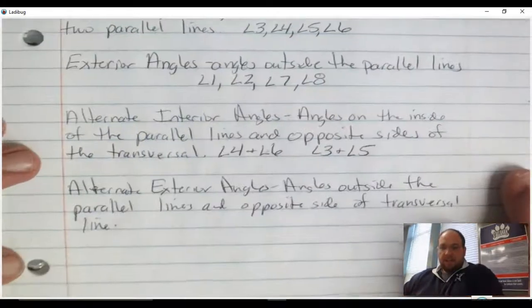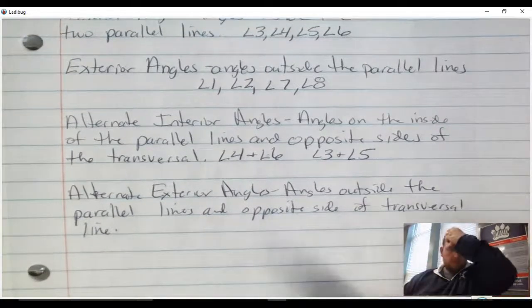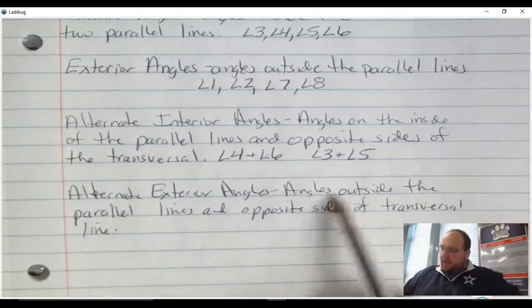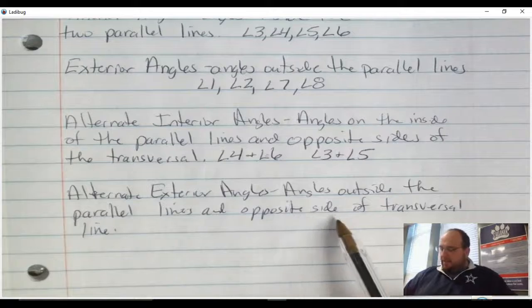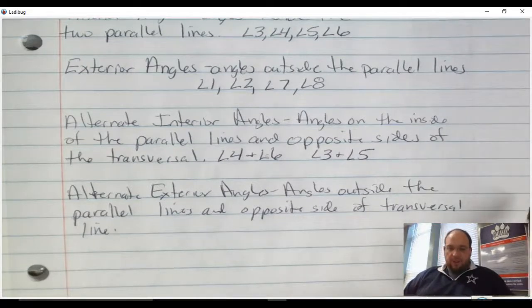I'll go ahead and slide that up so you can see. Again, alternate exterior angles are angles outside the parallel lines and on opposite sides of the transversal line.